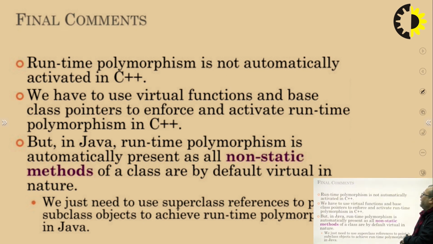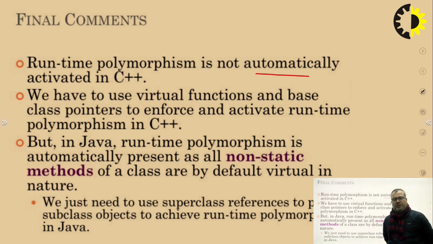So the final comment is that runtime polymorphism is not automatically activated in C++, like it is automatically activated in Java. In C++ we need to make the function a virtual function, and only with the help of a pointer to the base class can we invoke it. So we have to use a virtual function and a base class pointer to enforce and activate runtime polymorphism in C++.